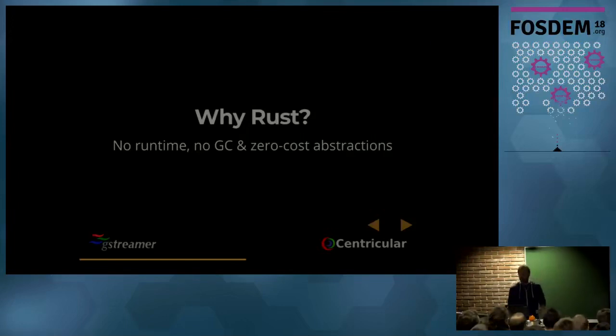And in general, whenever you do something with multimedia, you want to be able, for example, to have control over where things are allocated, when they are allocated, when they are released again. And in the case of Rust, what also is quite useful or nice is that everything in the end is compiling down to very optimized code. You don't have something like an interpreted language behind that. It's all very fast and low level.